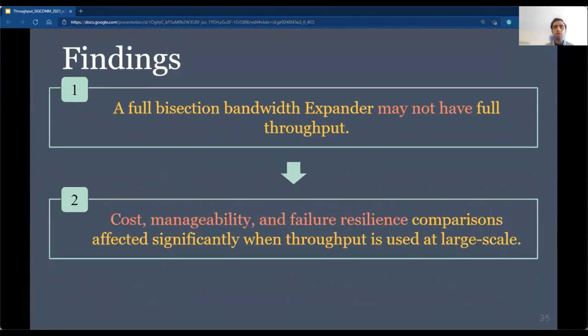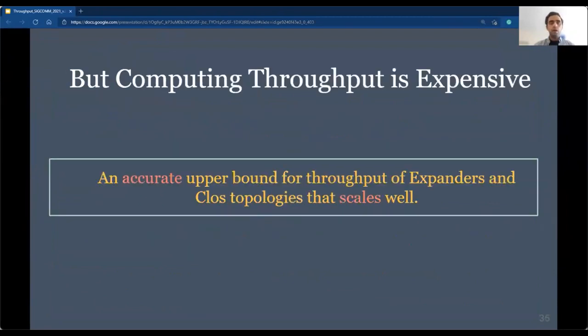Next, we analyzed cost, management, and failure properties of these expander-based topologies, and we show that when we use the right metric, which is throughput in this case, the results might change significantly, especially at large scale. However, as I mentioned, computing throughput is very expensive.